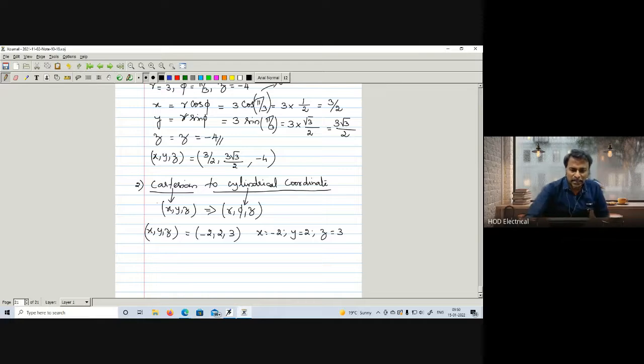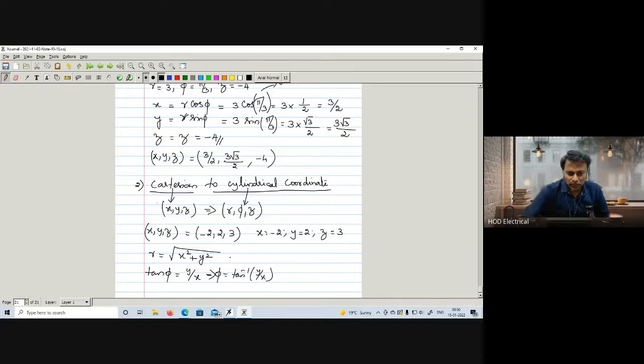Therefore, we already know what r is. r is equal to square root of x square plus y square. You can refer to the previous lectures for how we have derived that. Then tan phi is equal to y by x, which gives phi equal to tan inverse of y by x.